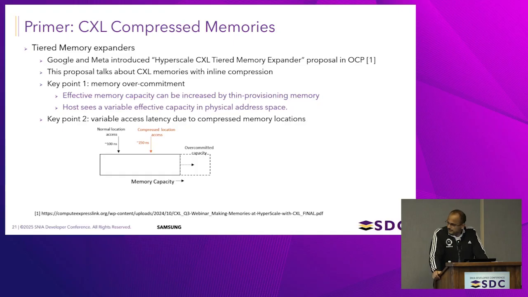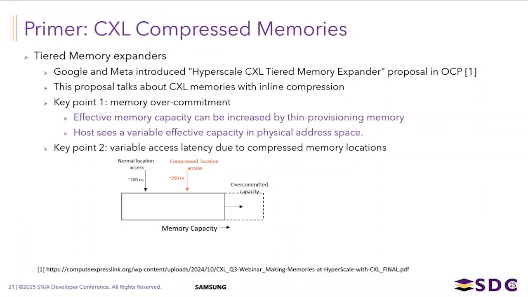Interestingly, there are two aspects to it. The first aspect is memory capacity overcommitment. It means the effective memory capacity of the device can now be increased by the compression. It's kind of thin provisioning, you can say. Let's say the actual capacity is 1 terabyte.